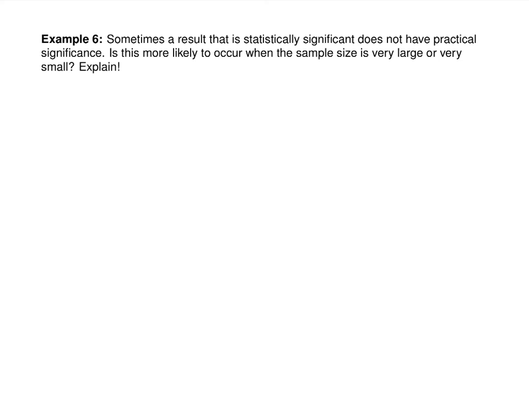Is this more likely to occur when the sample size is very large or very small? So the practical significance would mean that there's not really a big or meaningful difference. Just in life. And the kicker here is that large samples can detect small differences.